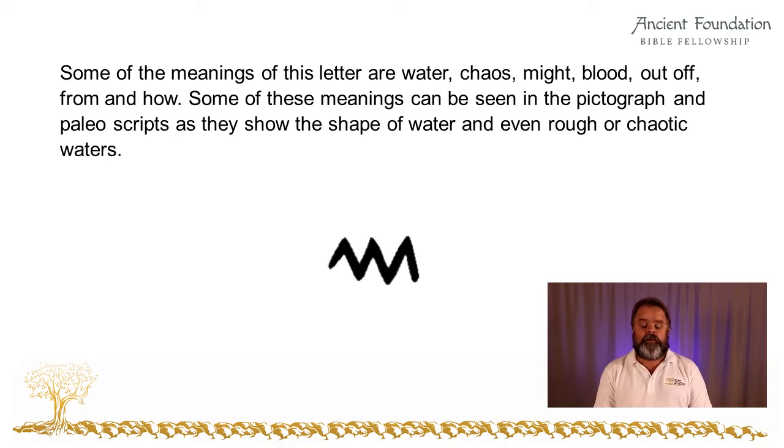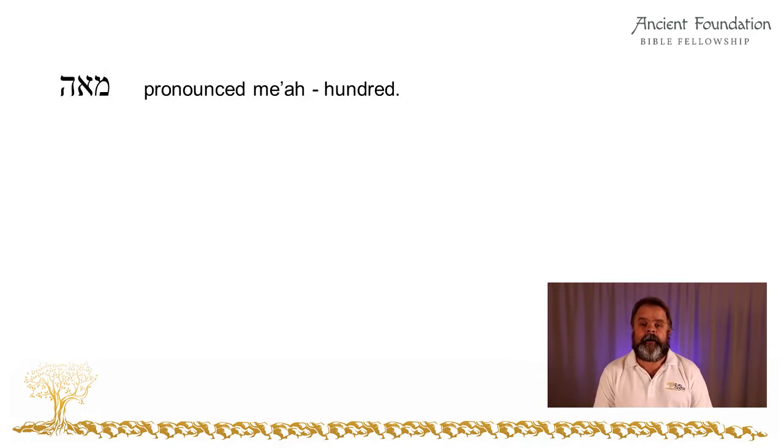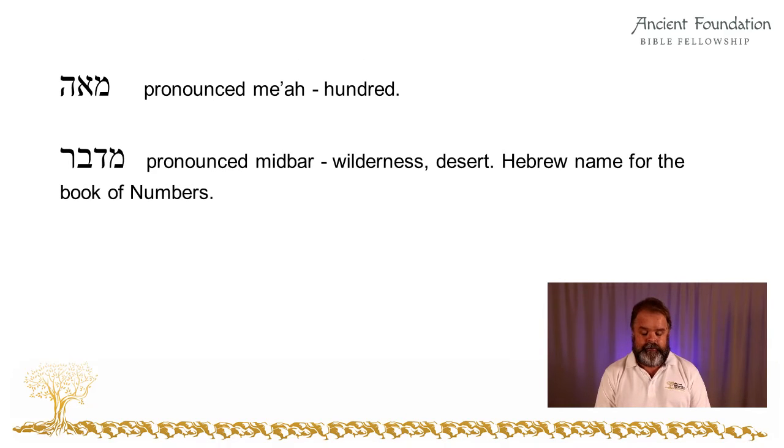The first word I want to show you is Me'ah, and this is the word for 100. The numerical value of 100 in Hebrew is a Me'ah. The next word that starts with the letter Mem is pronounced Midbar. And it has the meaning of wilderness, desert.